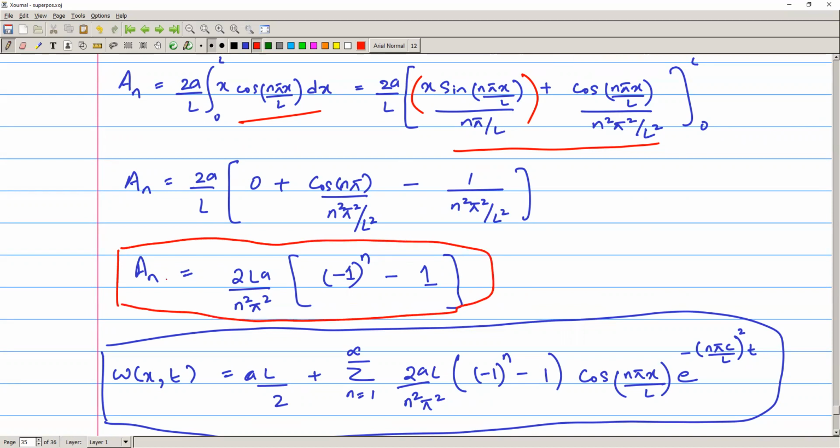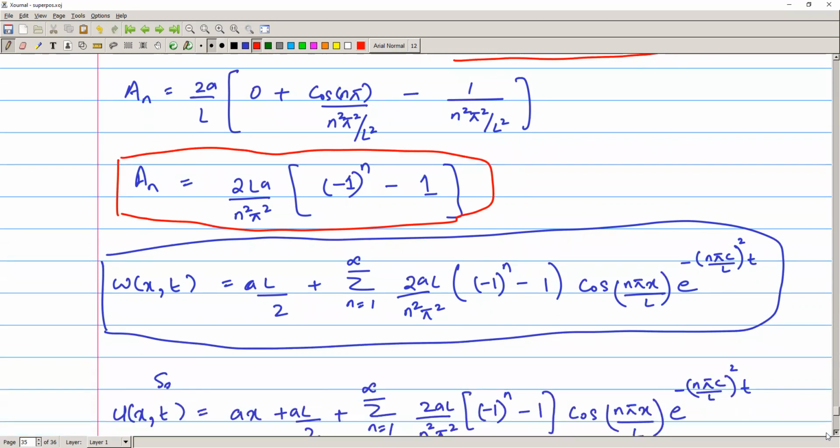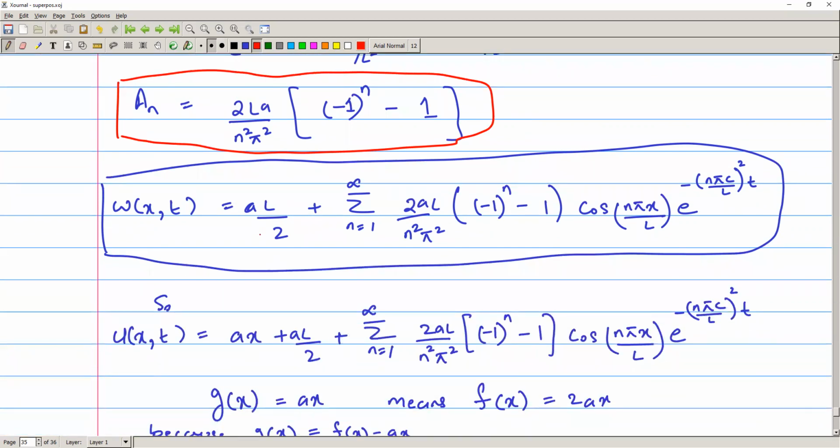Now we can substitute this an and a naught into the equation. Here we go. This is al over 2 plus sigma, because we said that a naught over 2, and we found a naught as al, so it will be equal to al over 2.